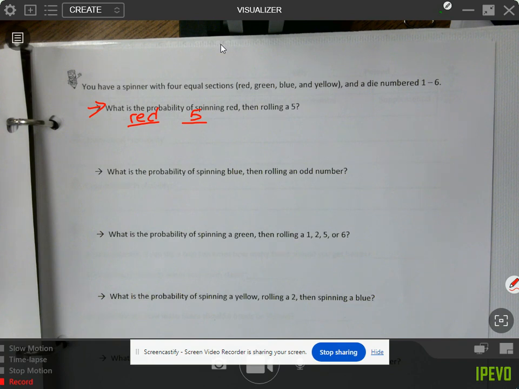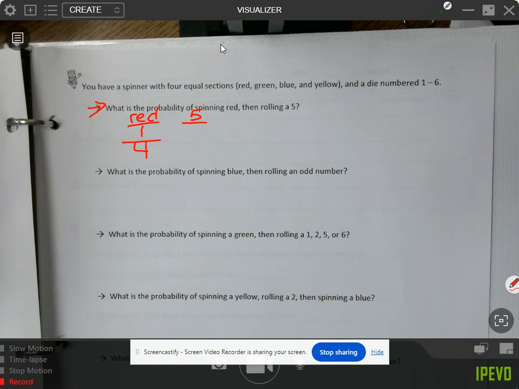How many red choices do I have on my spinner? 1. I have 1 red spot out of 4 spots. So 1 desired red out of 4 total possible outcomes.